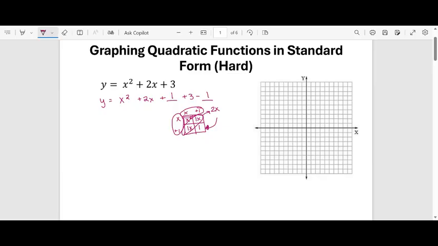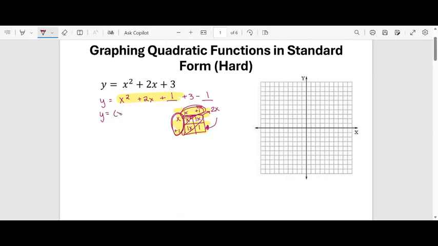The reason we're doing this is because we can change this to vertex form, because these 3 terms, this trinomial, is this factor square. And we can replace x squared plus 2x plus 1 with x plus 1 times x plus 1 because we already have it there, right?